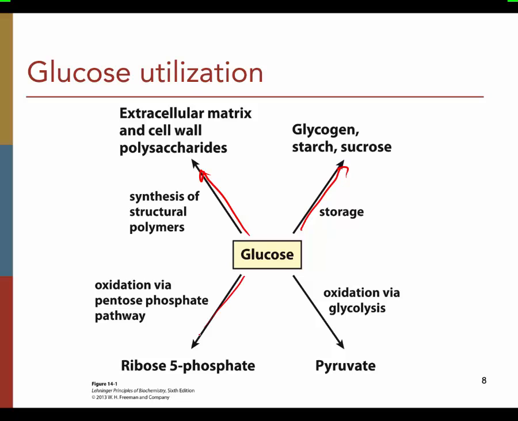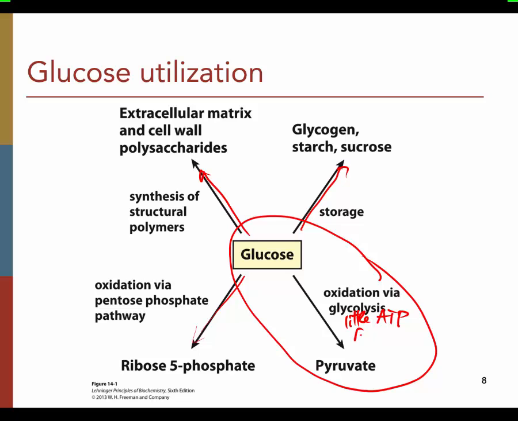We're going to see another odd pathway where we can take those sugars and make other things with them. But mostly what we're going to talk about now is oxidizing the glucose to make pyruvate. That pyruvate will feed into then the citric acid cycle. So we're going to get a little bit of ATP.